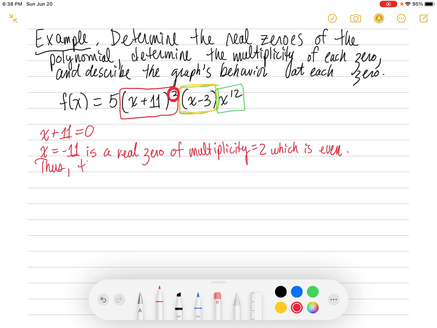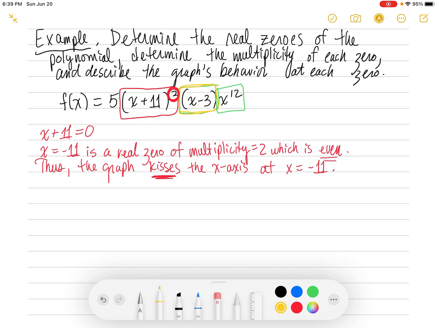So that means the graph is going to kiss the x-axis at x equals minus 11. Why kisses? Because the multiplicity here was even. That power of 2 is an even power.